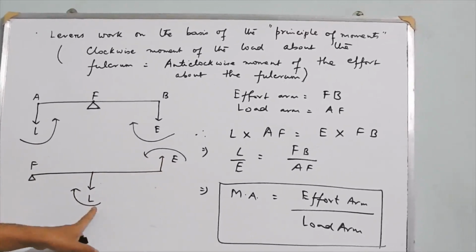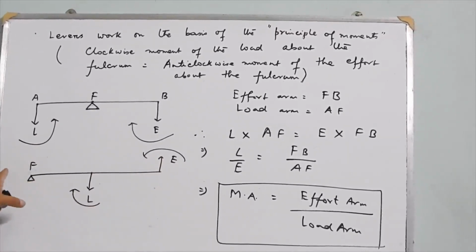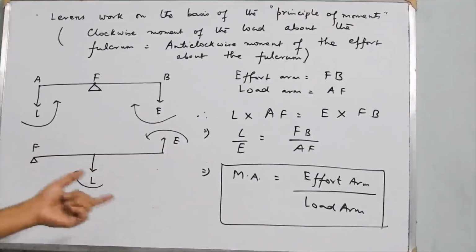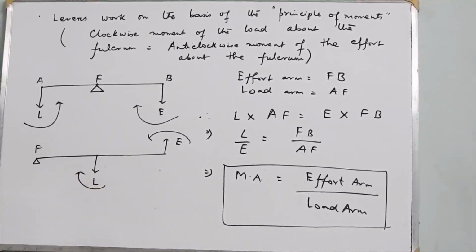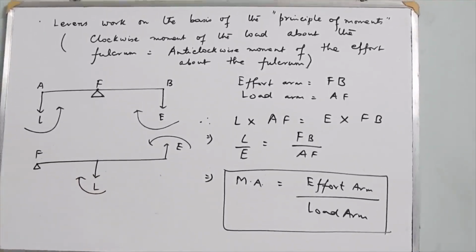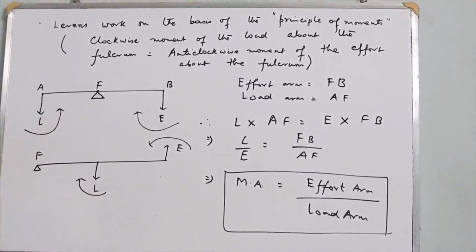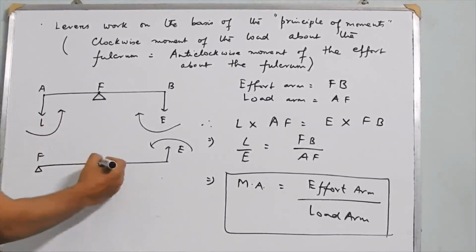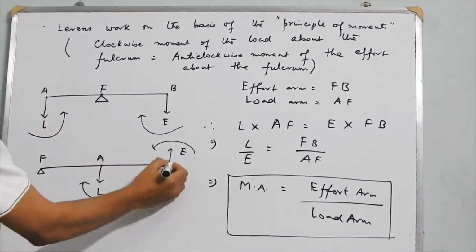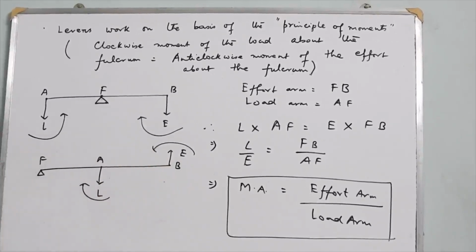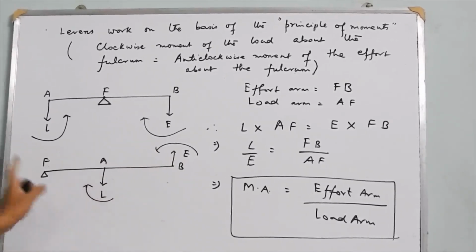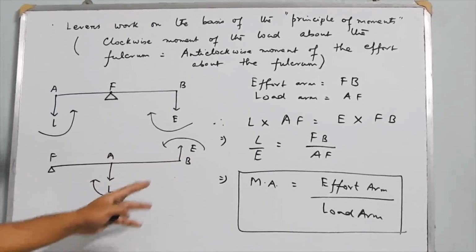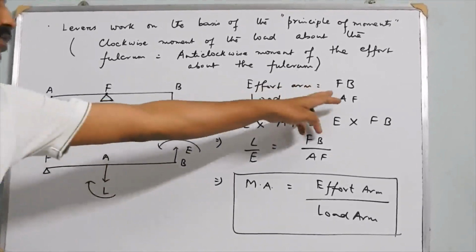The load is creating a clockwise moment in this class 2 lever. The effort is creating an anti-clockwise moment. So again, by the principle of moments, you can say that load into load arm, suppose let me call this point as A and this point as B. So the definition remains the same. L into AF must be equal to E into BF or FB.